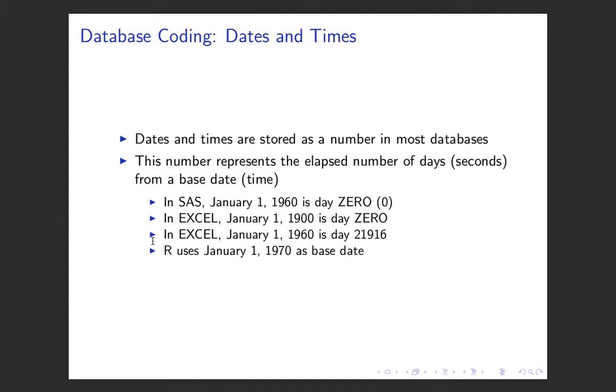So again, if you're combining numbers from different databases, like you have a SAS database that you want to combine with an R database, just be careful on dates because you might have the same date stored 2 different ways in different databases, and then when you combine them, it may get mixed up as to which one it's talking about.